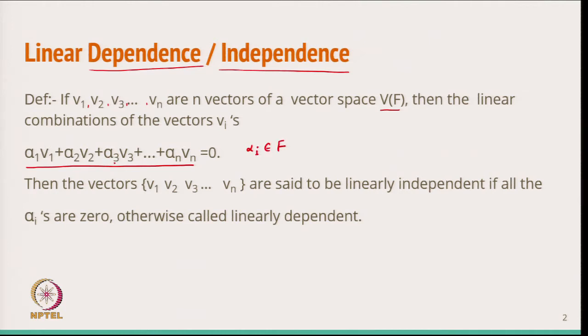So we put this linear combination equal to 0. Why are we doing this? Because we know that 0 lies in the vector space, and all these vectors come from this vector space.